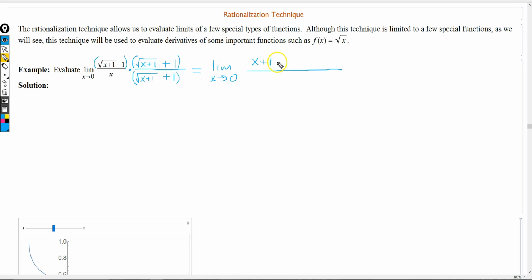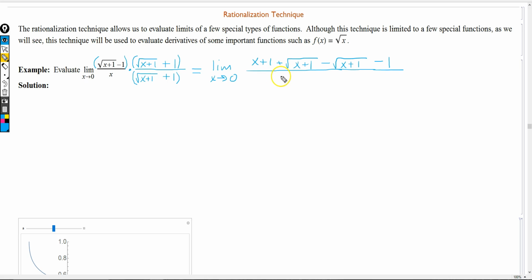Now I'll write them out this one time just to show you that they cancel. You see the first one we're going to get is root x plus 1 times 1. And then minus 1 times root x plus 1. And then minus 1. Okay, that's coming from negative 1 times 1.